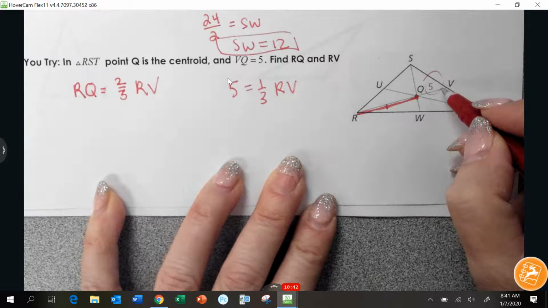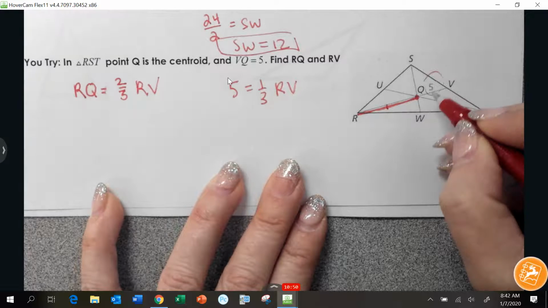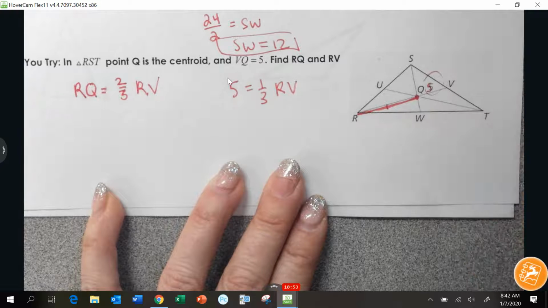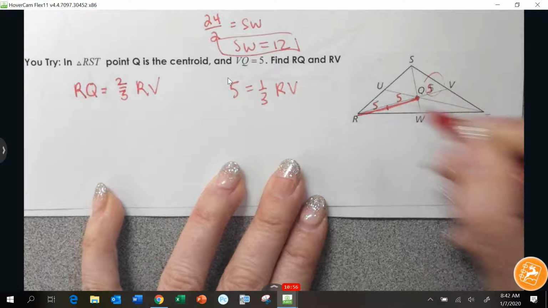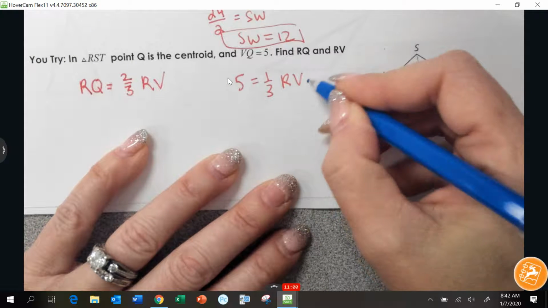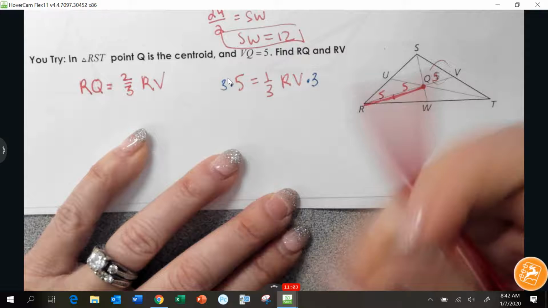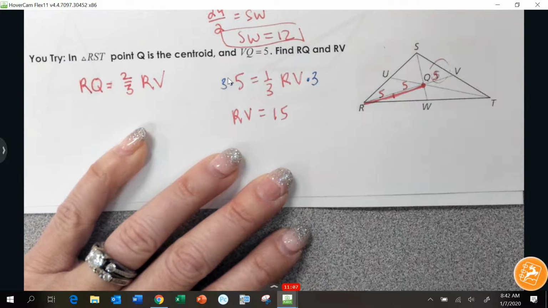How long is the whole thing going to be? If this is 1 of those thirds, then we've got 2 of those thirds and the 3 of the thirds. This whole thing's going to be 15. Or I can just solve my equation right here, multiply both sides by 3, and I get RV is 15 total.